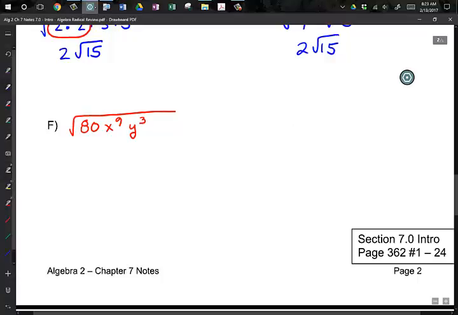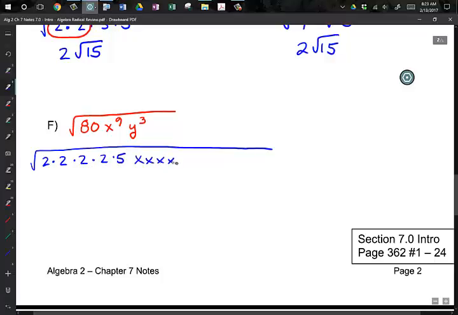All right, let's break down 80. 2 times 40, right? And 40 is 2 times 20, and 20 is 2 times 10, and 10 is 2 times 5. X to the 9th. 1, 2, 3, 4, 5, 6, 7, 8, 9. Y to the 3rd. 1, 2, 3. I don't have room for it all.